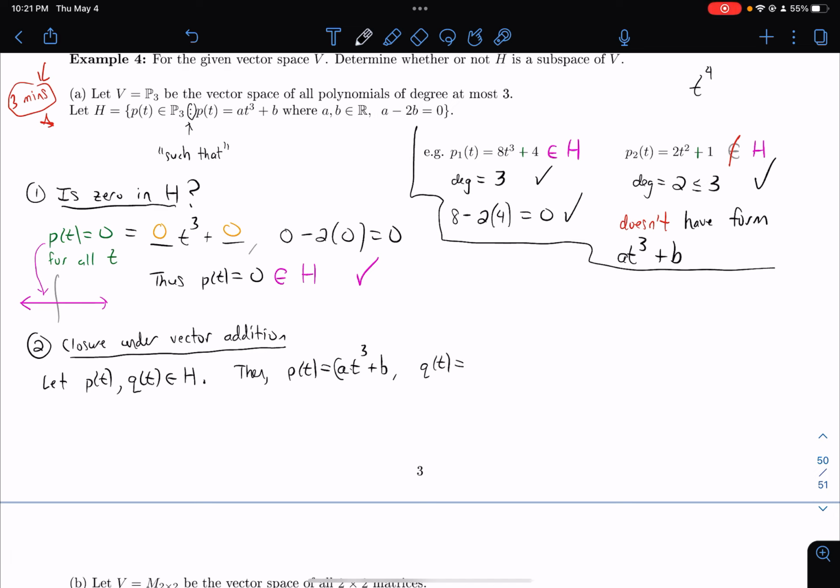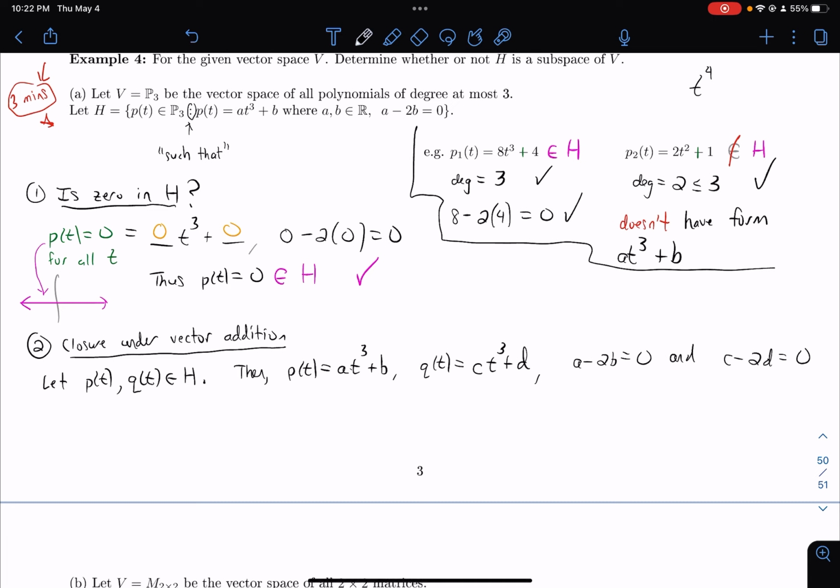I can't pick the same constants for Q, because then I would be assuming that they're the same polynomial, but I have to pick them to be any arbitrary polynomials in H. So maybe I could call it c t cubed plus d. So I'm taking two polynomials that are in H, and they need to satisfy this condition. So a minus 2b has to be 0, and same thing for the other polynomial, c minus 2d has to be equal to 0.